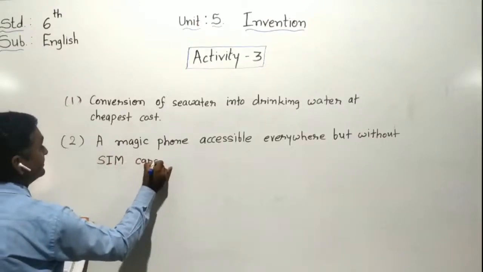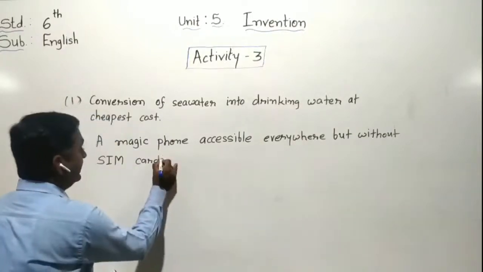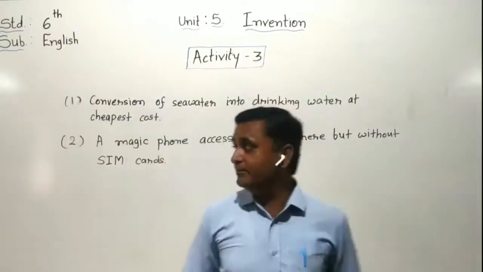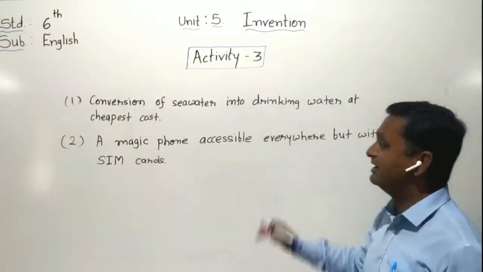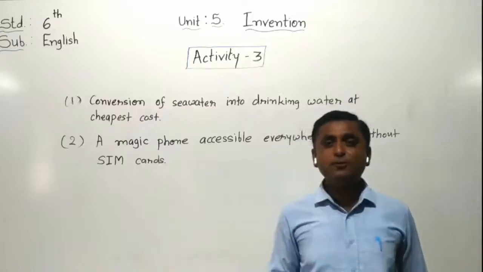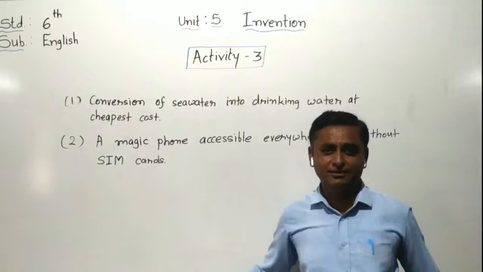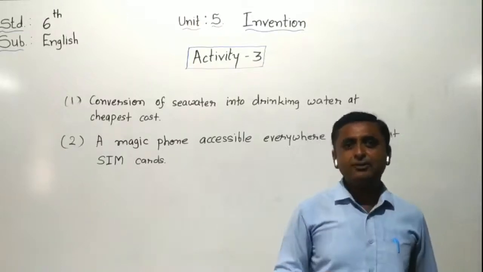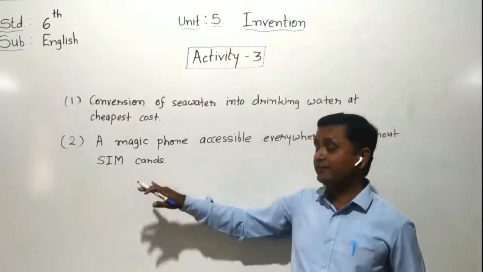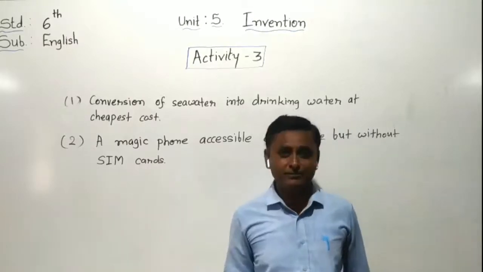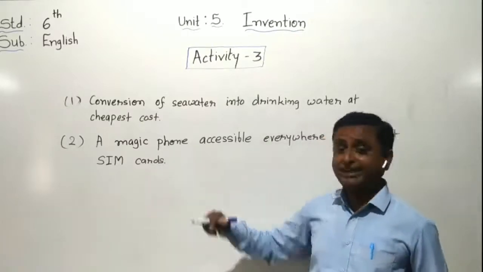Second problem is a magic phone accessible everywhere but without SIM card. We require a phone that runs without a SIM card. Today we use cell phones, but they work with SIM cards. If it is possible, then we have to find a basic phone which runs without SIM card. So it's the second problem.